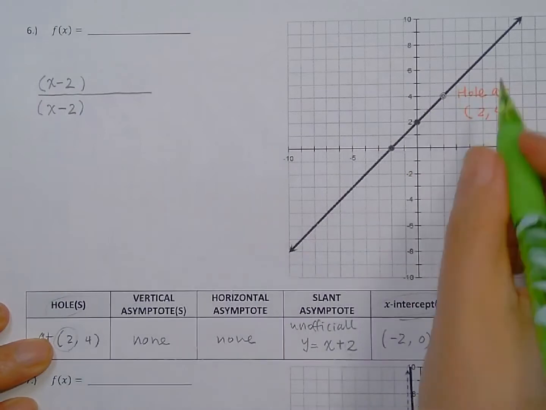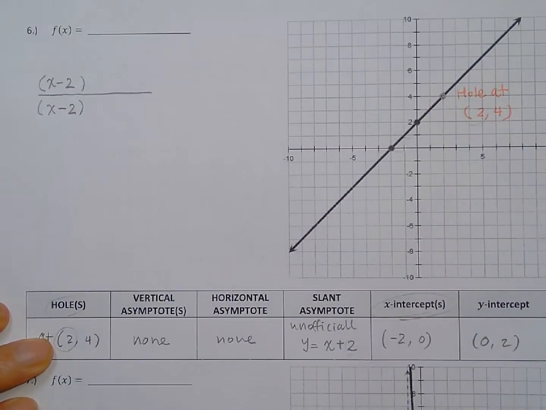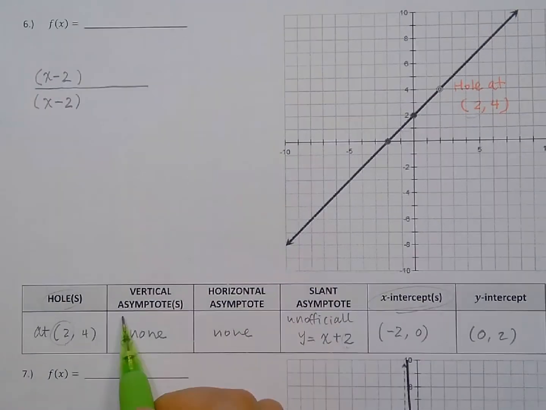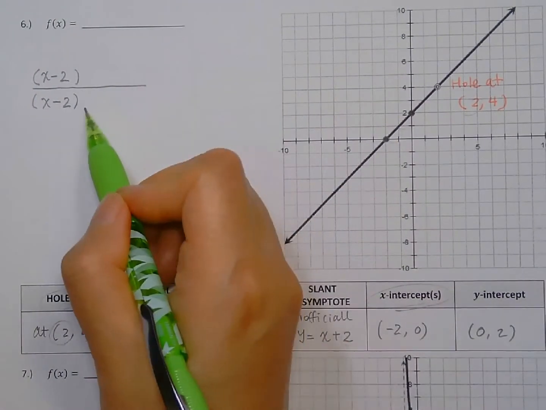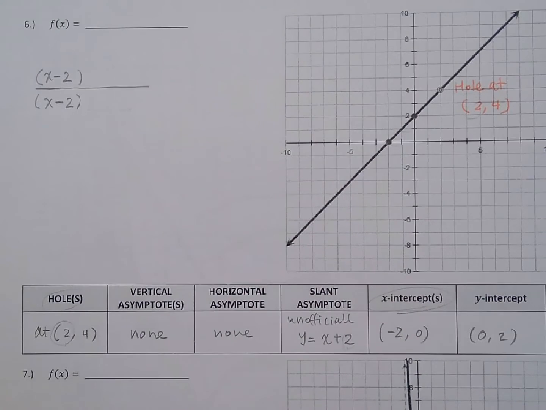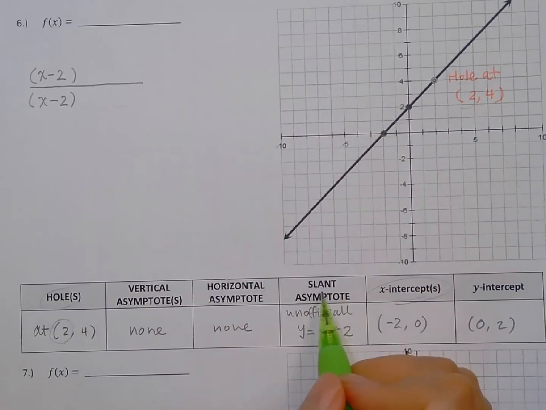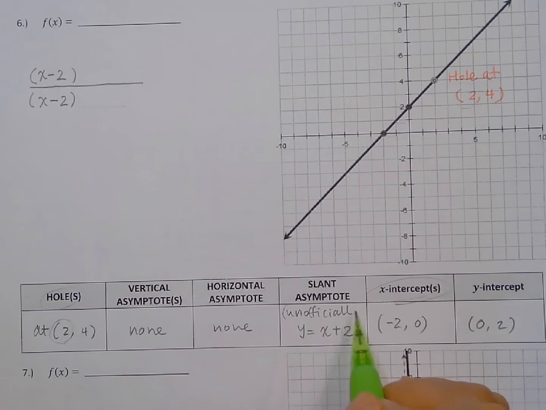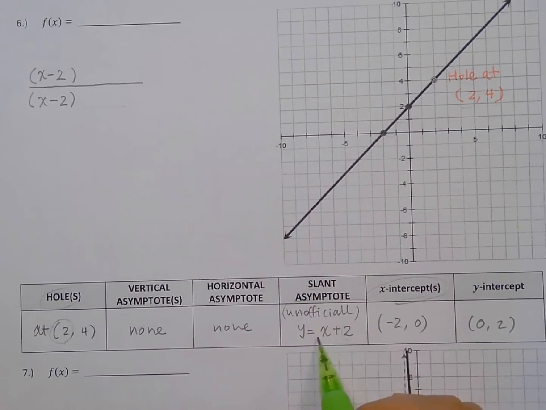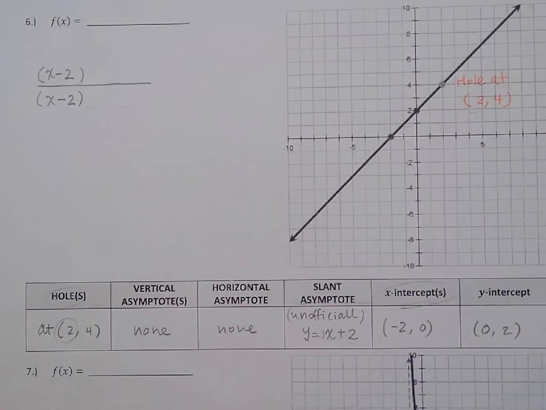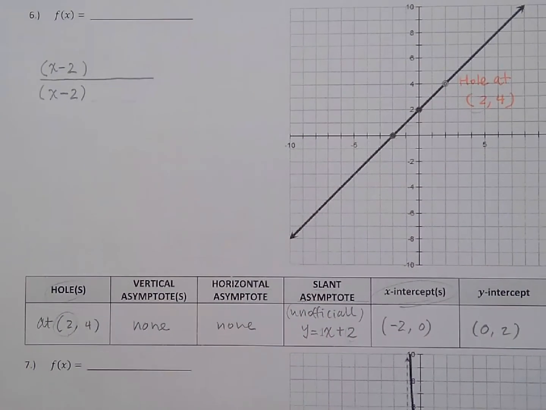Then it gave us the hole at positive 2. No vertical asymptote, so no more factor on the bottom. Horizontal asymptote, no, none there. But we do have officially an asymptote, it has 1x plus 2.